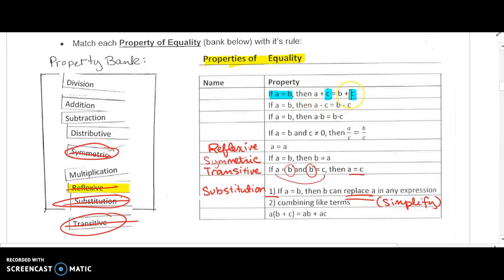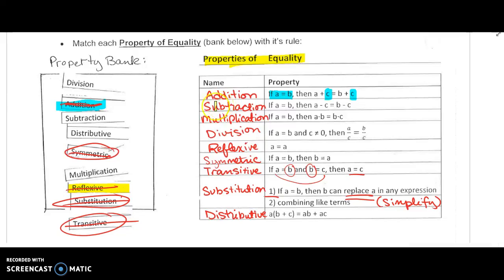It'll be equal as long as you do it to both sides. We would call that the addition property of equality because we're adding something to both sides of the equation. So take a minute, pause the video and see if you can, now that we have eliminated some of your options, figure out the ones that are left.